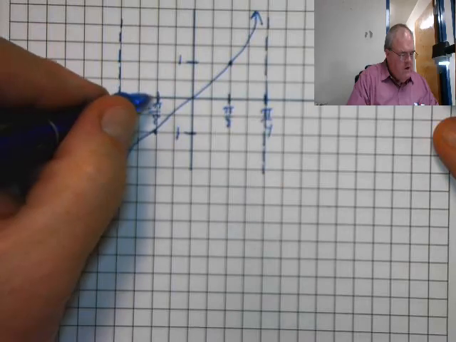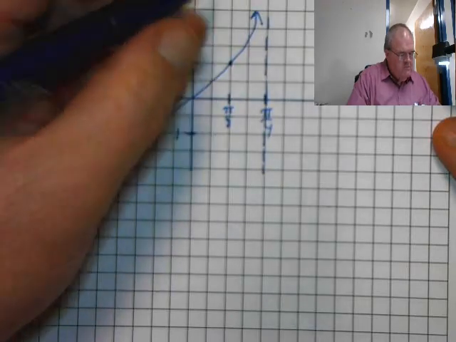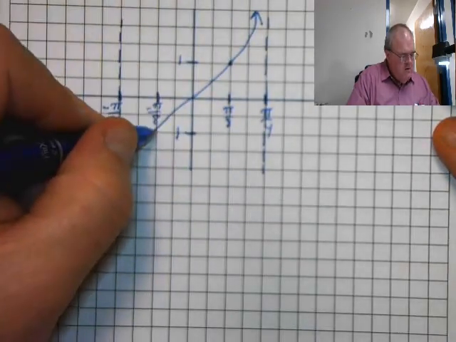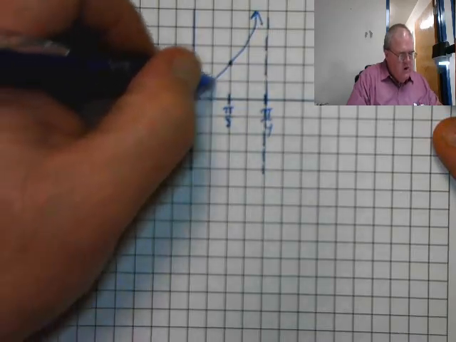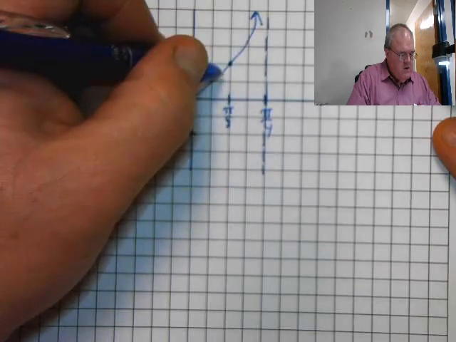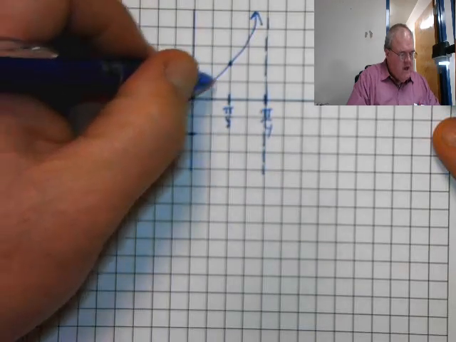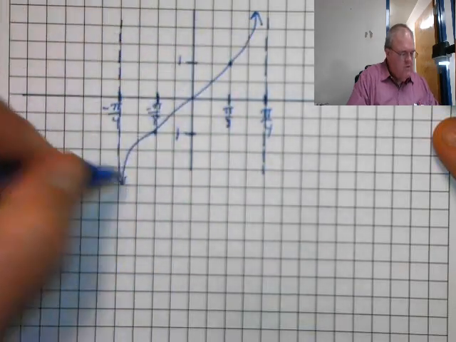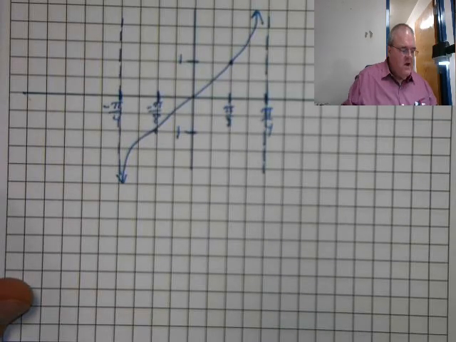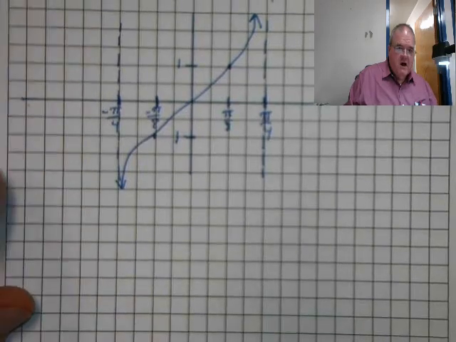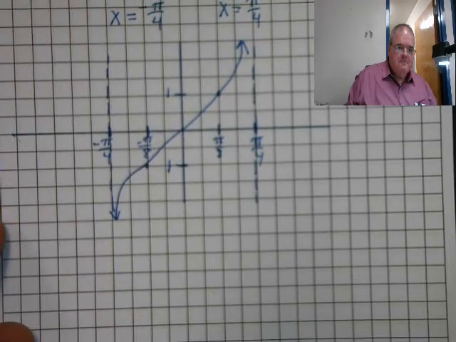So at pi over 8 and negative pi over 8, I need to have a point that is at my amplitude, and that's where my curves have to go through those points. So this is example 3. This is what the tangent of bx looks like.